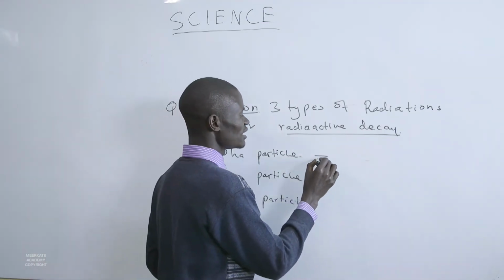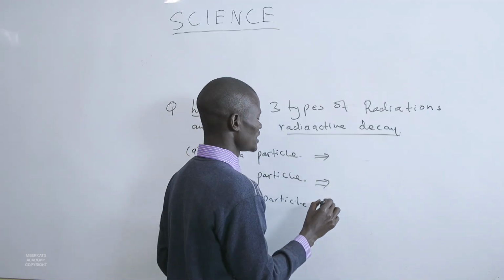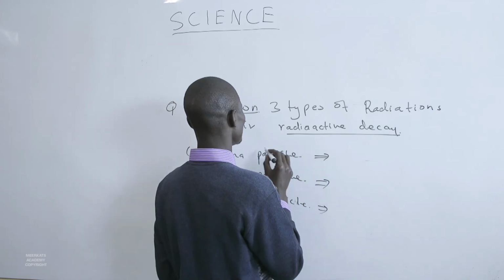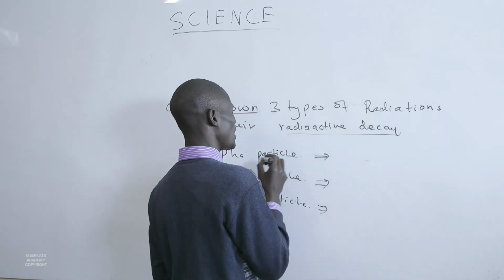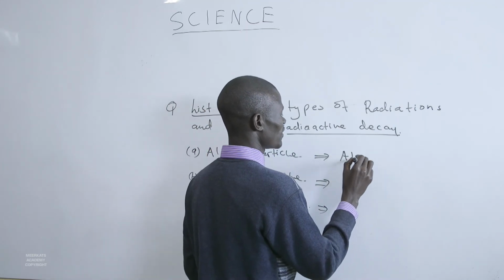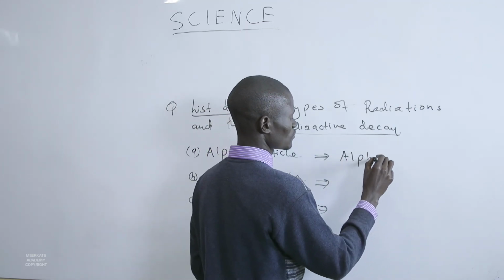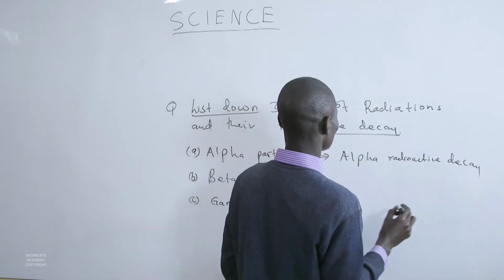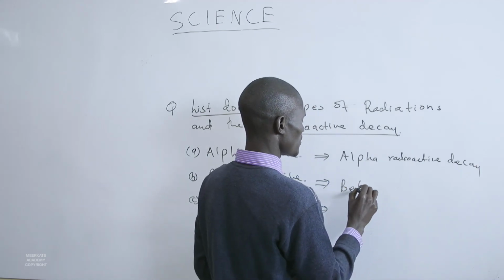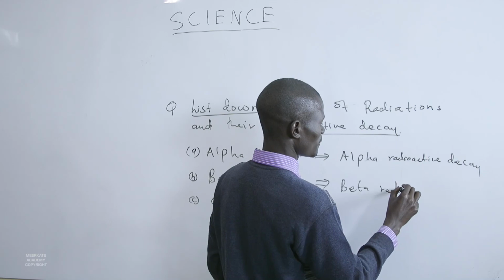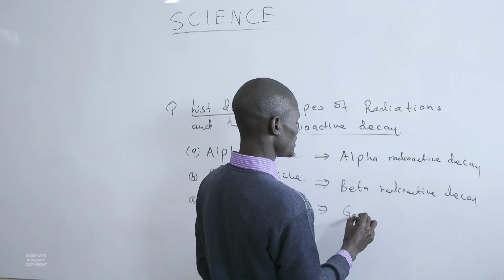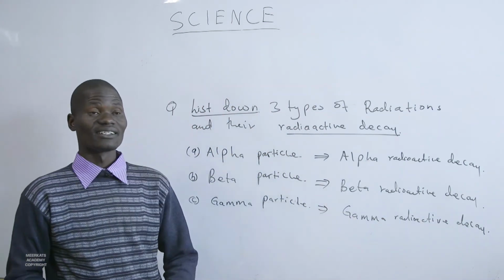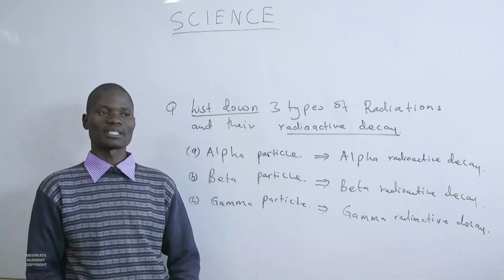And then stating their decay, the radioactive decay of alpha will be called alpha decay, alpha radioactive decay. And then this becomes beta radioactive decay. And lastly we have the gamma radioactive decay. We have already answered our questions appropriately.